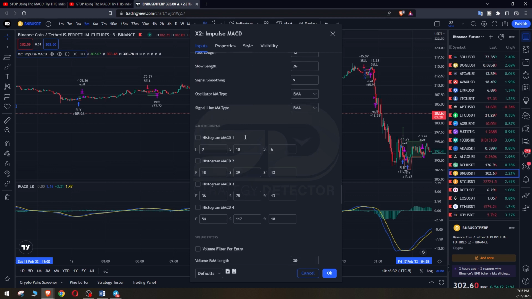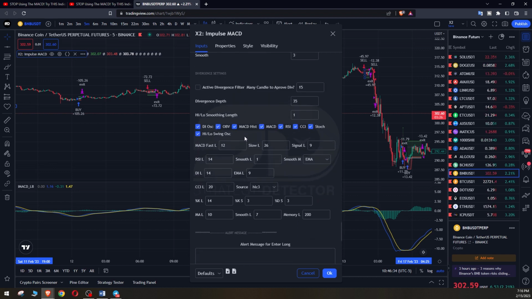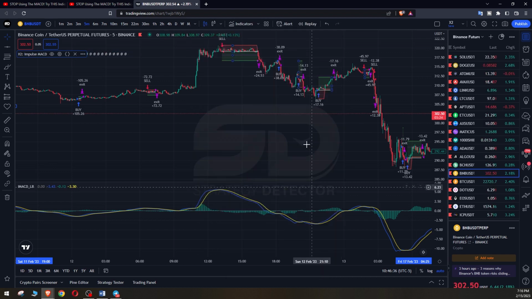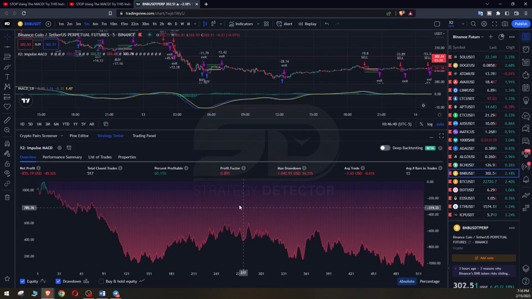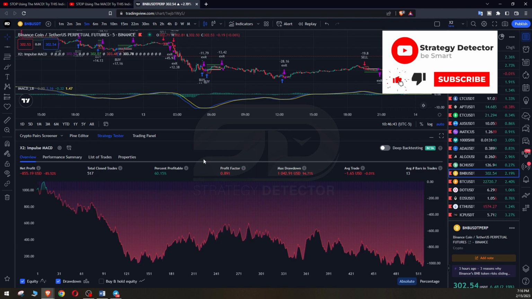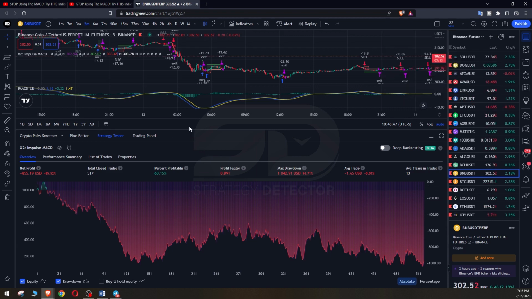Or you can use or combine many other filters that we have in the settings. But overall, this strategy is unprofitable. Be careful of scams and anything that causes you loss. In fact, a strategy is profitable when its backtesting results are definitely profitable. If backtesting results for a strategy are not profitable like this one, you cannot have profit with this strategy for sure.